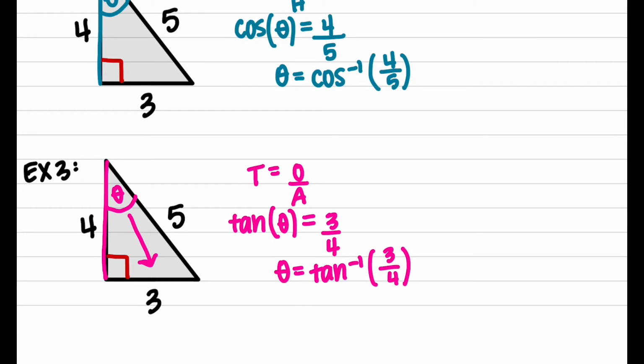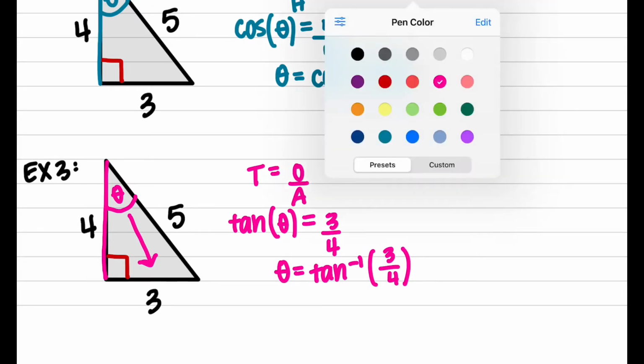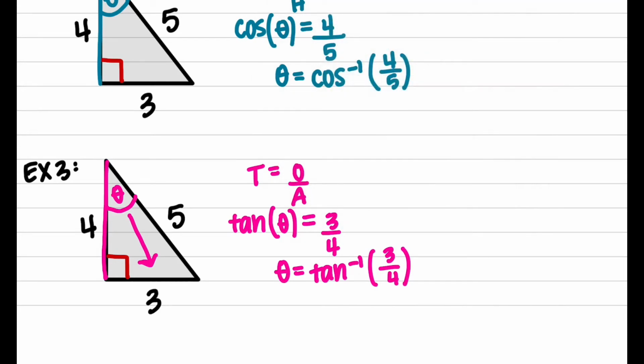I wanted to just mention that, notice how once I move the tangent to the other side and take its inverse, I don't have a tangent on the left anymore. That's what got rid of it. That was the whole point of using the inverse. It's kind of like, let's say I have an equation, 3x equals 12. If I want to solve for x, if I wanted to get x by itself, then I would have to use inverse operation.